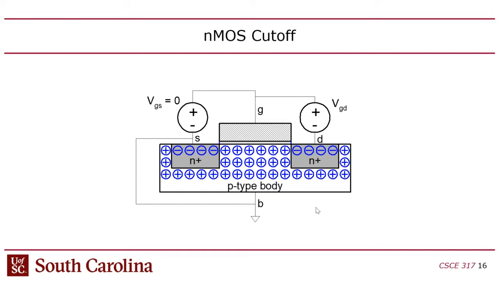So this is the cutoff. So this is an nMOS transistor. Most of these examples, by the way, are nMOS, because the PMOS, like I said, has a negative voltage for the threshold, so it's a little bit harder. I think nMOS is a little more clear when you use that as an example.